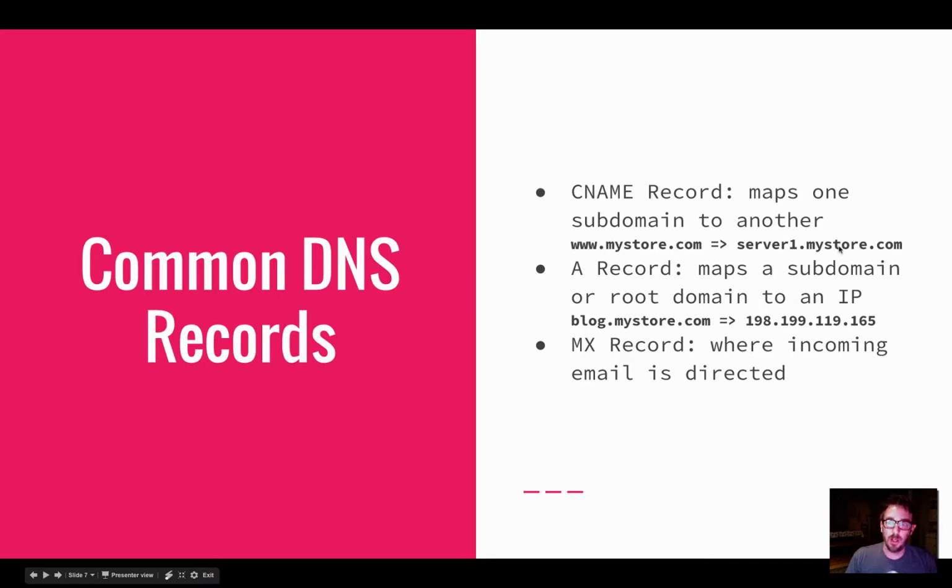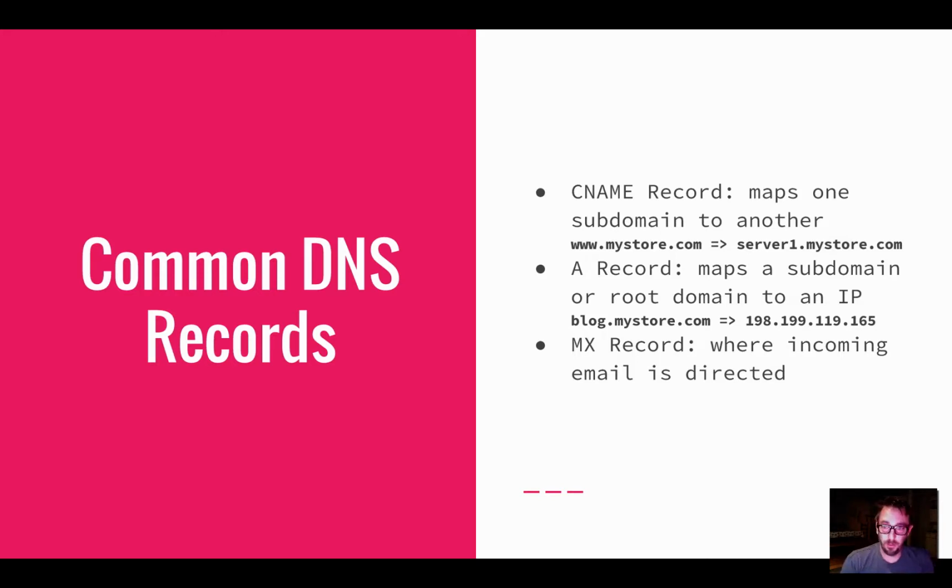And the second record is what we call an A record, and that maps a subdomain or your root domain. You generally have to use an A record for your root domain, and instead of mapping to another subdomain, it maps to an IP address.